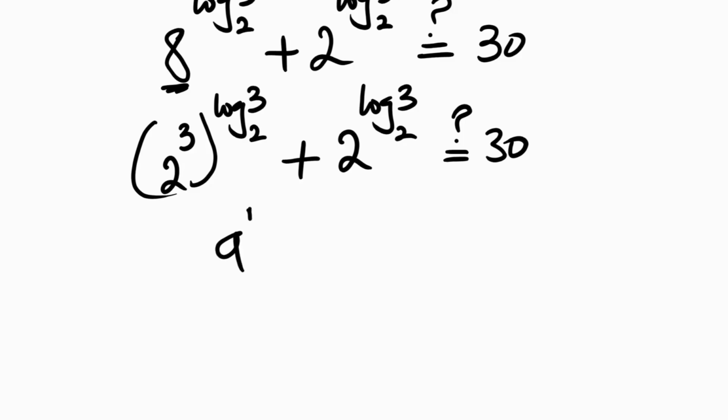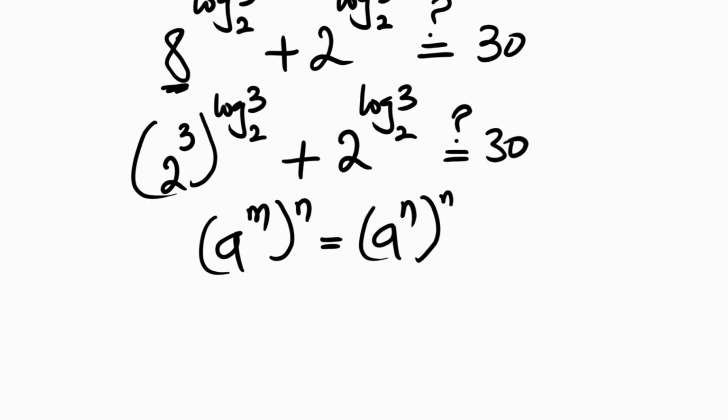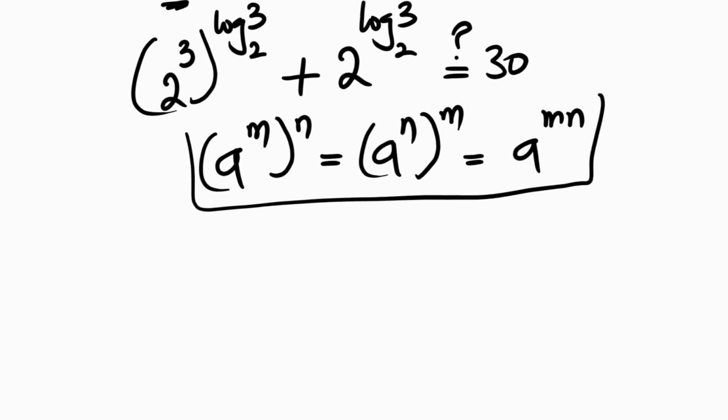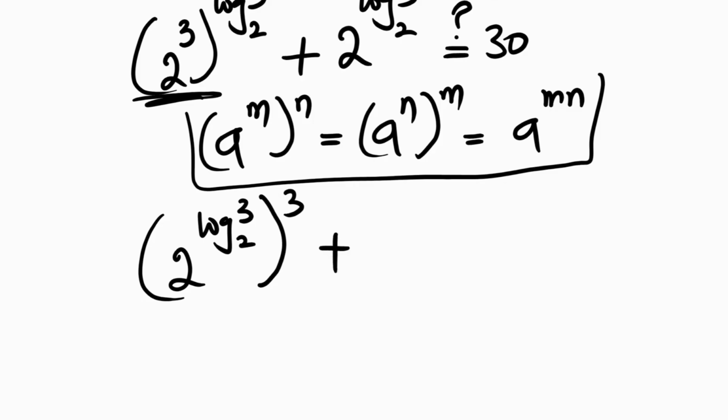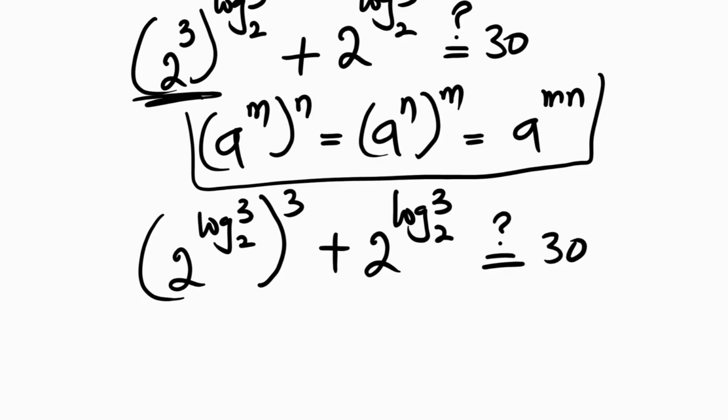Now we know that a raised to the power mn is the same thing as a raised to the power nm, which is the same thing as a raised to the power mn. Okay, so let's rewrite the first one. Becomes 2 raised to the power log of 3 base 2, cubed, plus 2 raised to the power log of 3 base 2. Let's see if that's going to be equal to 30.